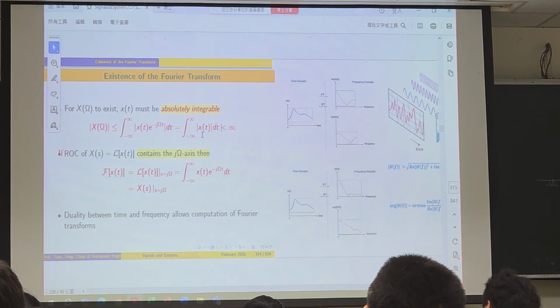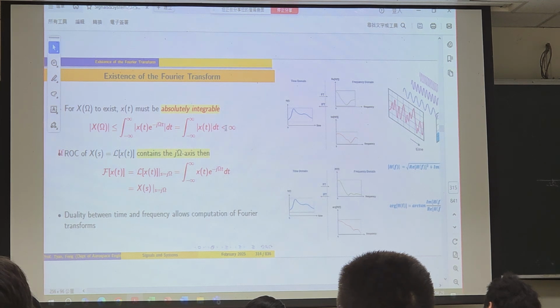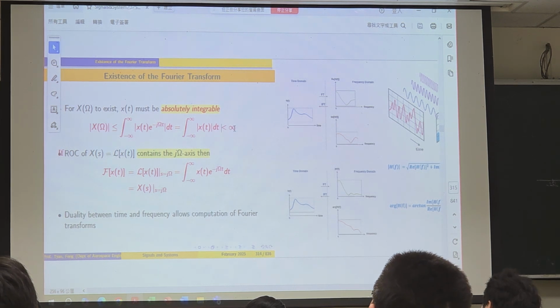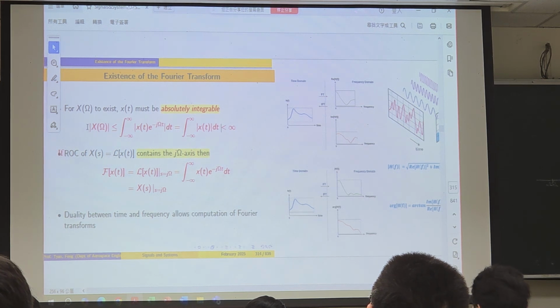That means the integration of the absolute value of the function is finite. That is the condition to guarantee the solution exists for the Fourier transform.